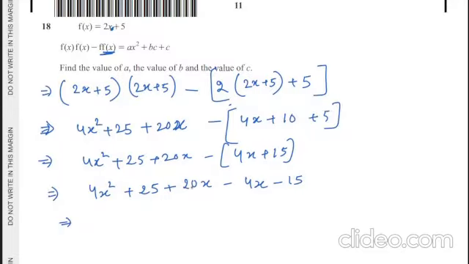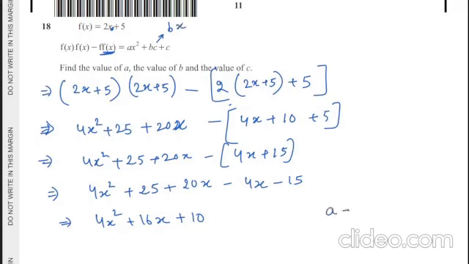So 4x squared will remain as it is. 20x minus 4x will be 16x. 25 minus 15 will be 10. So the answer is this here, I guess. Here there is a correction needed. This is not BC, this is Bx actually.